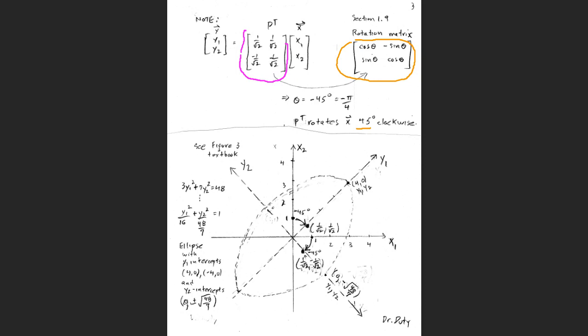So what you're doing here, if you think of the point 1, 0, and you rotate the point 1, 0 by 45 degrees counterclockwise, that's going to get you to the eigenvector 1 over root 2, negative 1 over root 2.